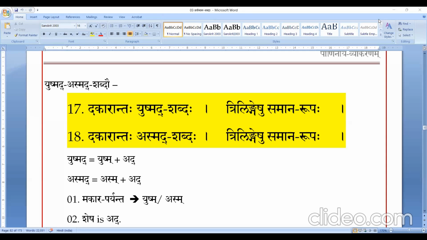Among the Sarvanama Shabdas, the Shabdas belonging to Tyadigana, some 8 Shabdas, we saw. Tyadadi: the first one is Tyad, so starting from Tyad.